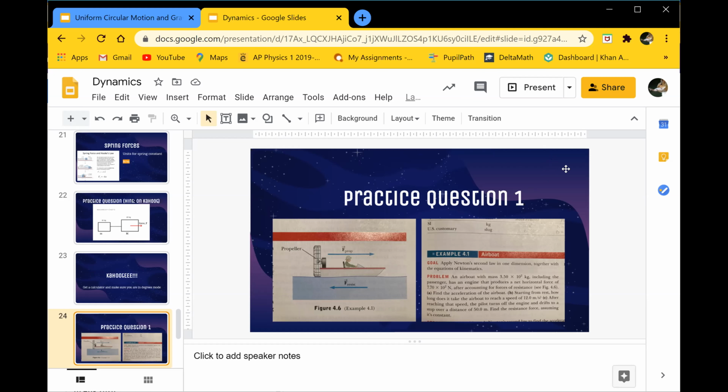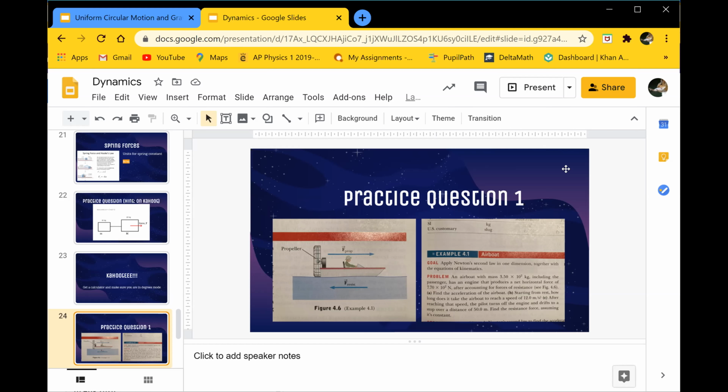Dynamics just has F equals ma. It doesn't have a delta x. So you immediately should know that this is a dynamics and kinematics problem. They're combining things together. So you would either have to find something in kinematics first and then substitute that into dynamics, or do it in dynamics first and substitute that into kinematics.